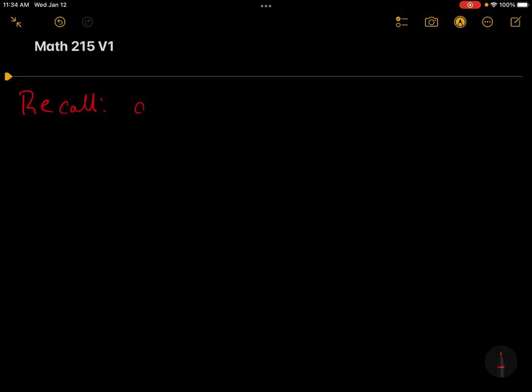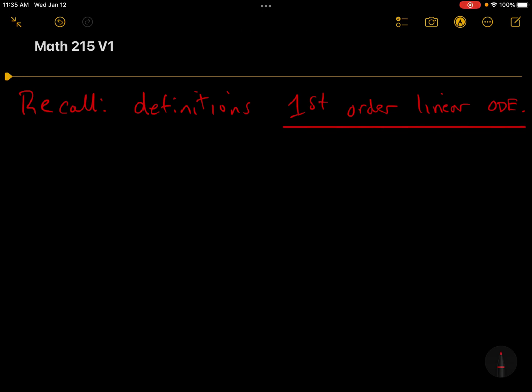Yesterday we did a lot of definitions, and one of the major definitions was what a first order linear ODE is, and this is our first major topic, first order linear ODEs, and in general first order ODEs.